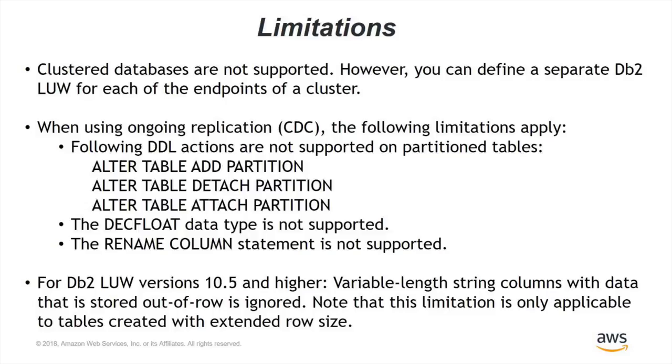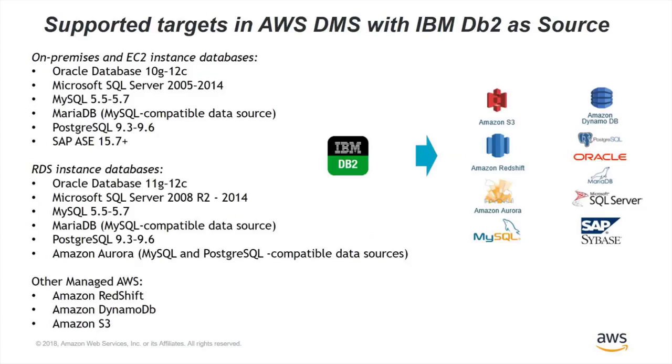With DMS, you can definitely migrate from an IBM Db2 database to these databases and AWS managed services, as you can see. You can go from Db2 to Postgres or MySQL or Amazon Aurora compatible with MySQL and Postgres, and at the same time you can move to Amazon Redshift or DynamoDB or archive it on S3.